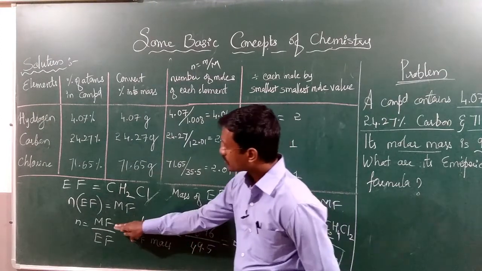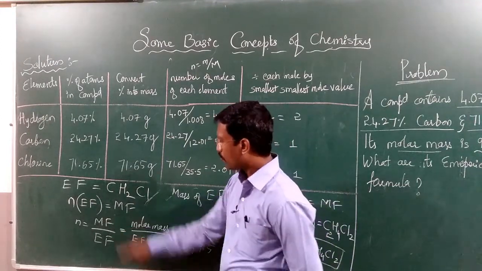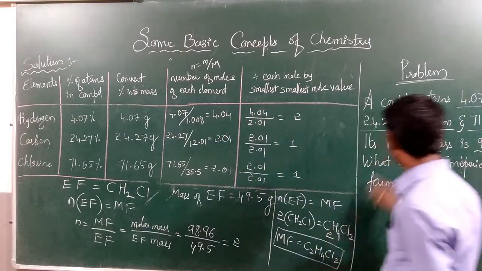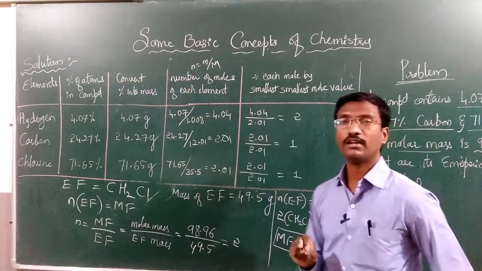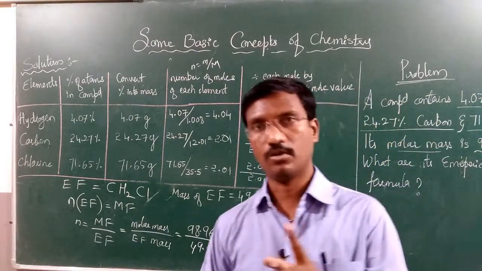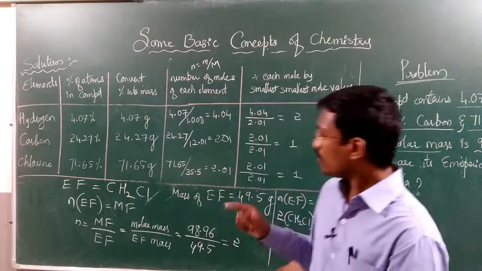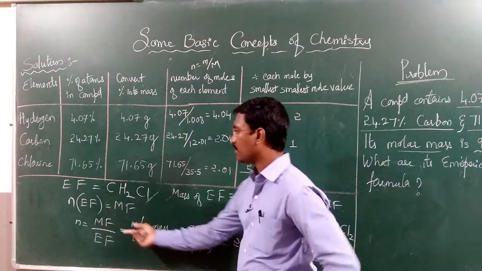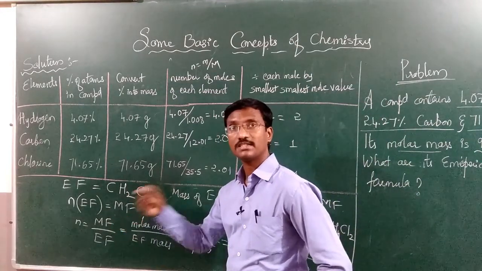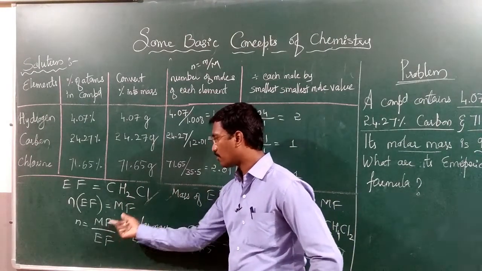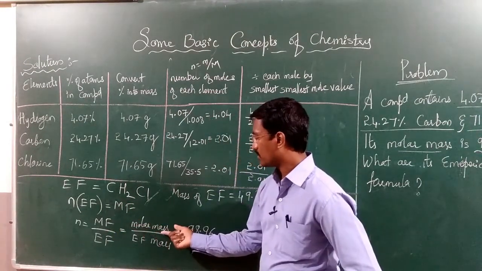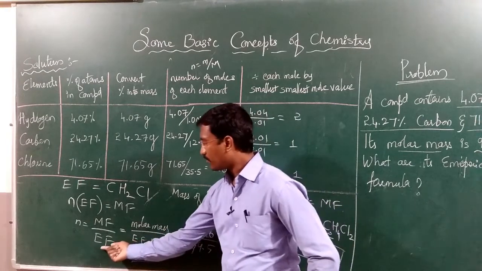The molecular mass of this compound is given as the molar mass. Molecular mass is exactly 1 mole of the compound. So the given molar mass itself is the mass of the molecular formula. So molar mass divided by the mass of the empirical formula.